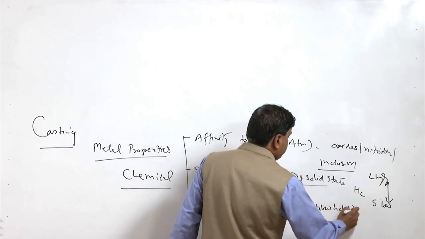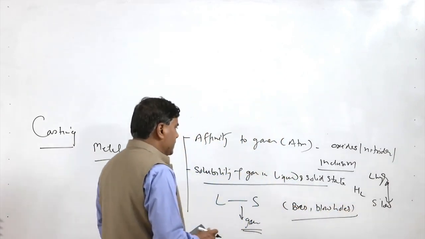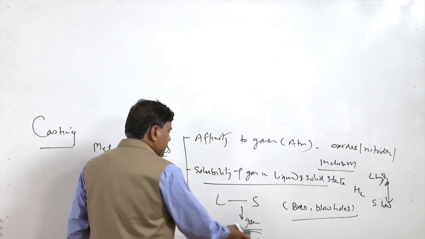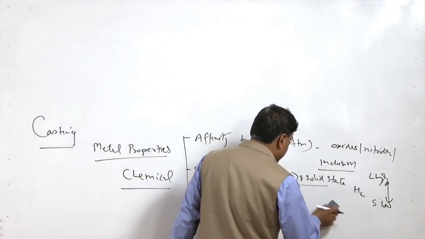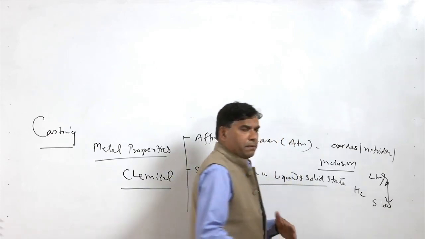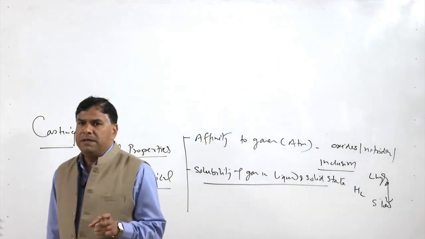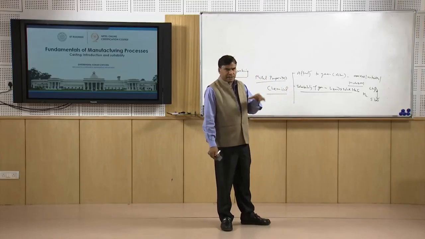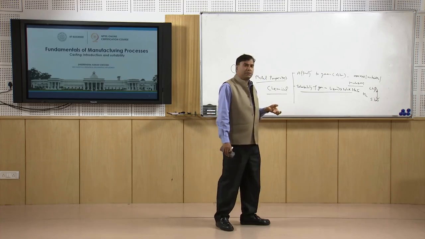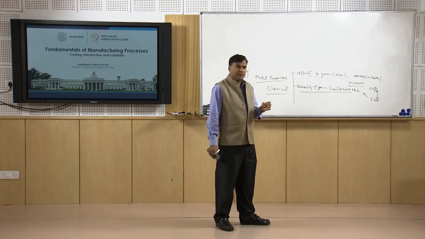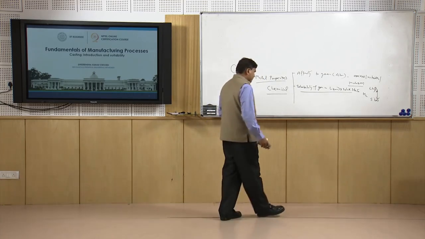So, these are simply casting defects which must be taken care of. Basically, it is related to the solubility of the gases in the solid and liquid state. For example, aluminum has a large difference in solid and liquid state solubility, and that is why it is very prone to hydrogen related porosities.